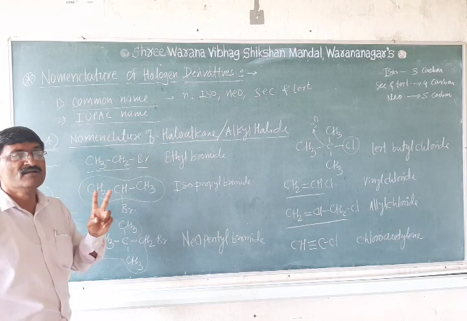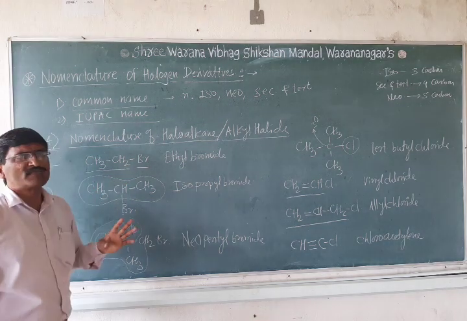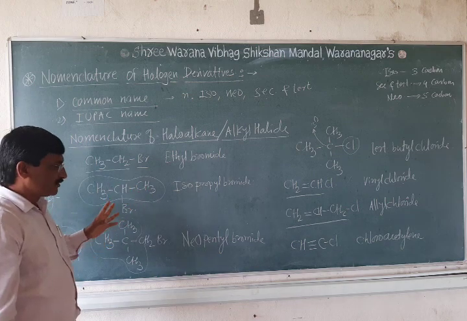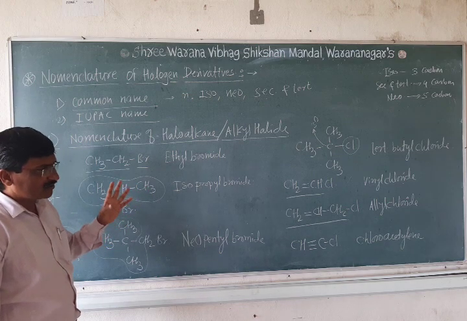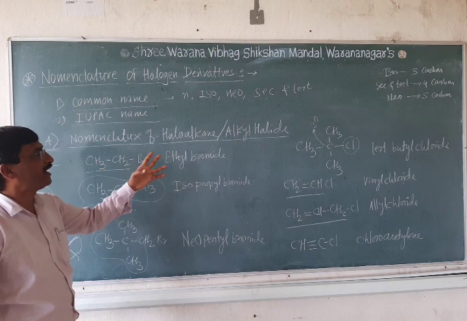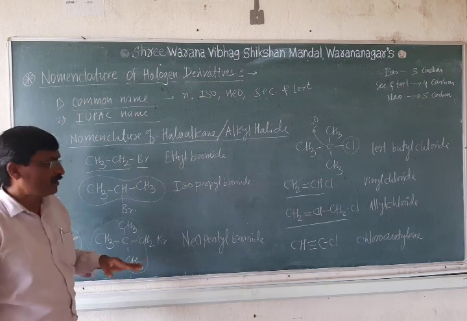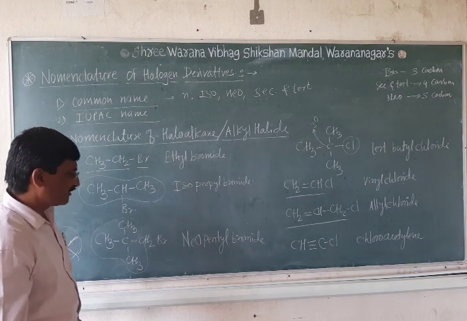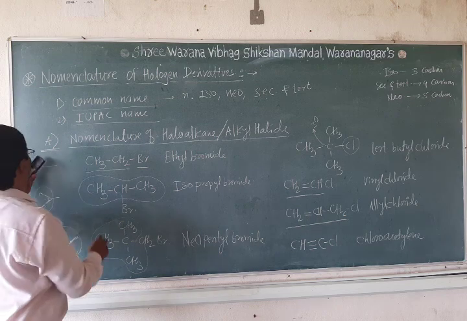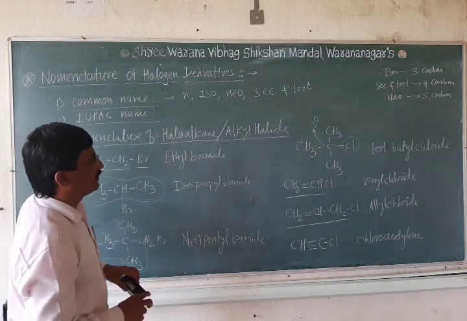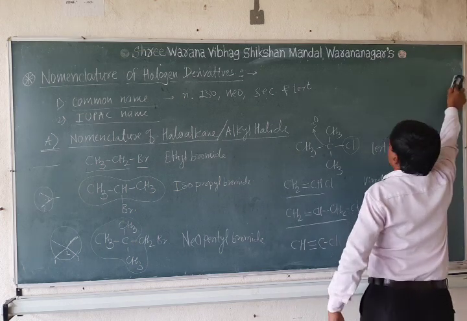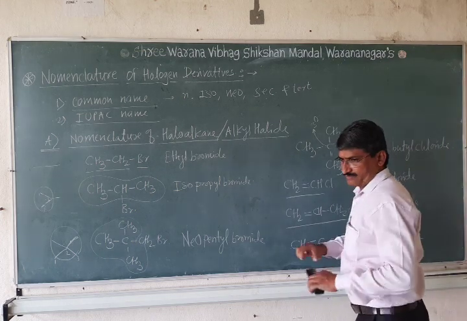On the basis of that, it is necessary to write the nomenclature as well as the correct name in case of the dihaloalkane. For example, if you take dihaloalkane like that.